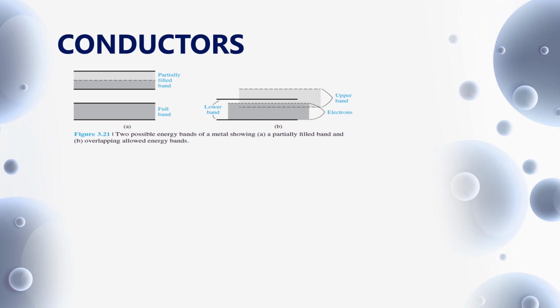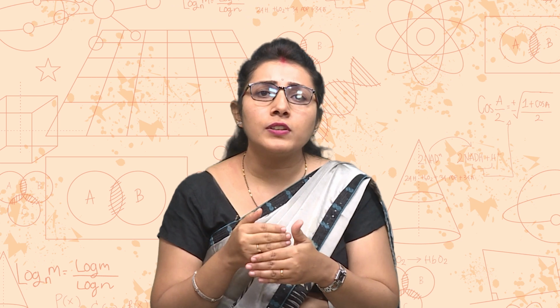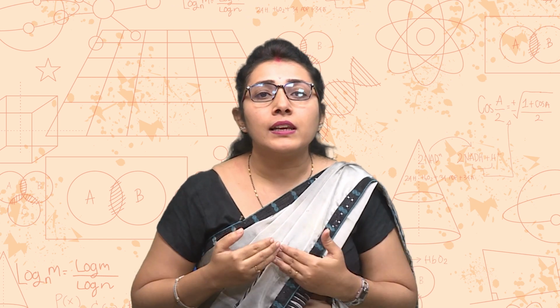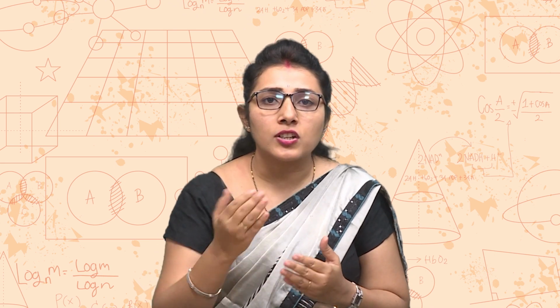The conduction band and valence band overlap each other. Either the gap will be very small or they will be overlapping. So, in the case of conductors, there is no energy gap and the electrons can freely move from the valence band to the conduction band.